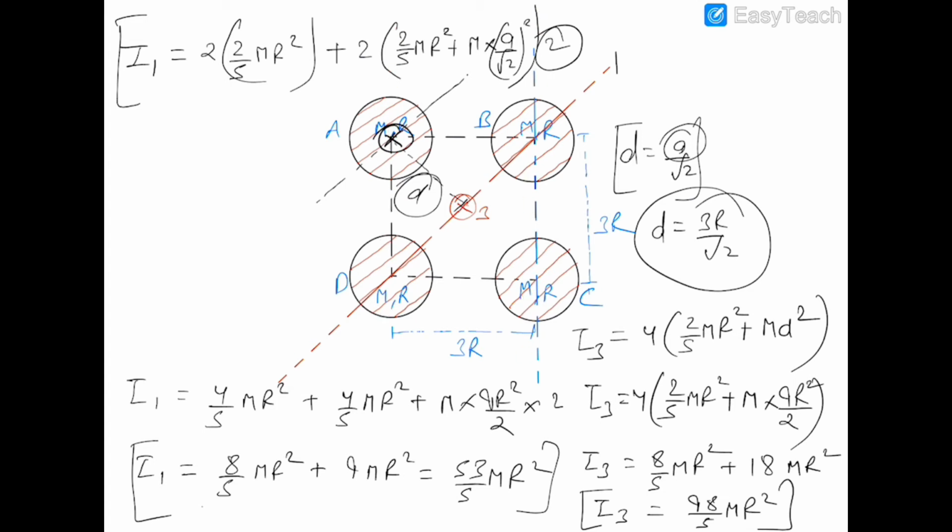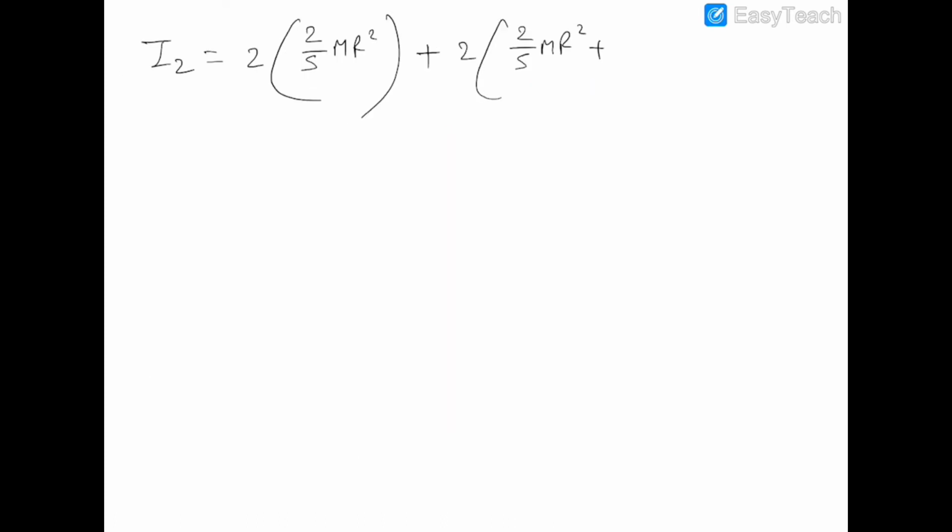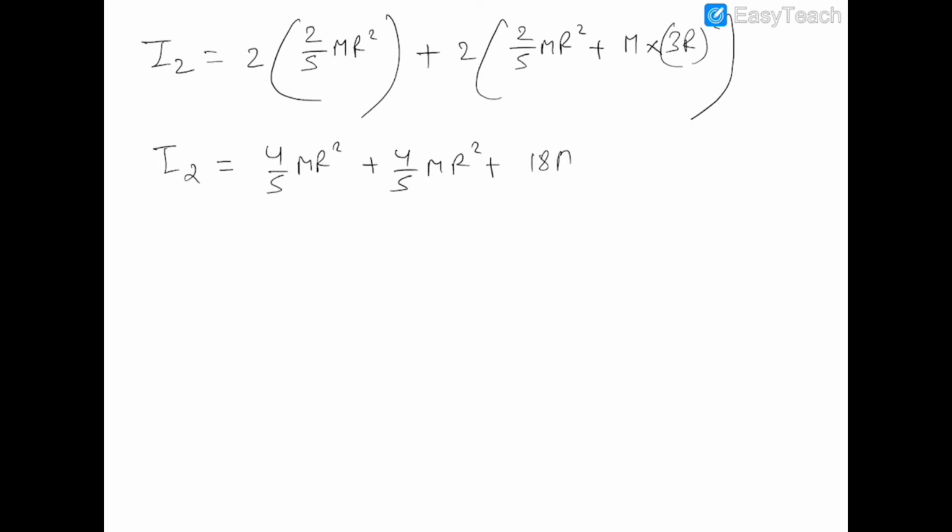Now the distance between these two axes is 3r, so this would be m into 3r whole square. So I2 would be 4 by 5 mr square plus 4 by 5 mr square plus, this is 9 into 2, 18 mr square.